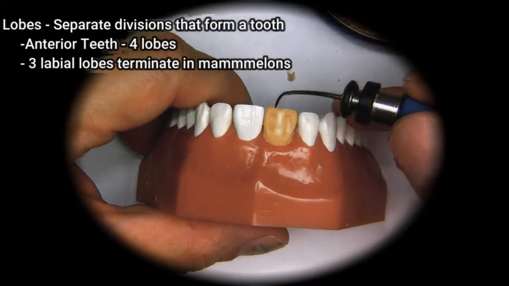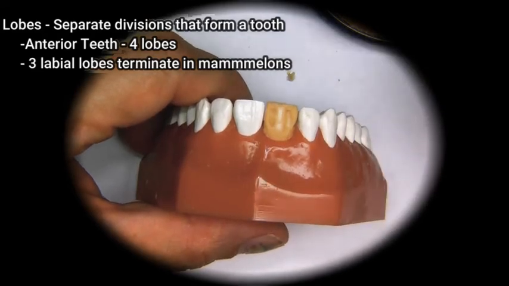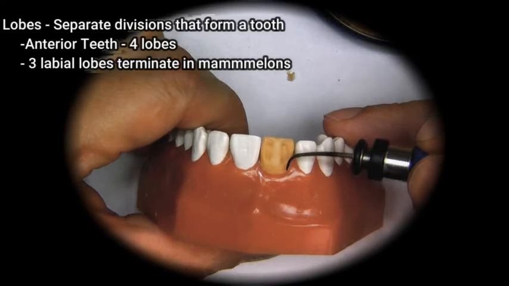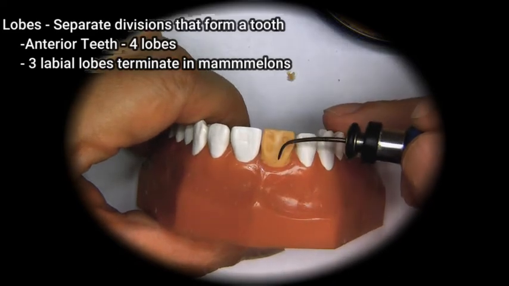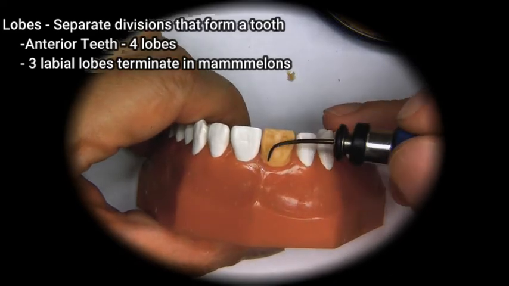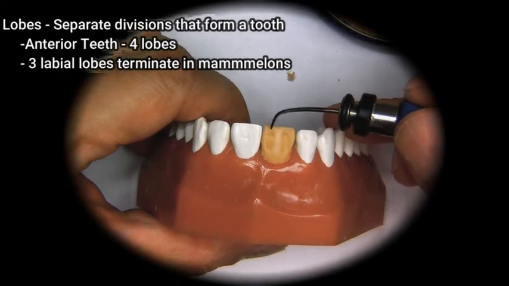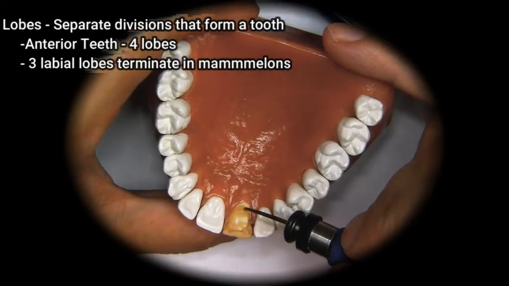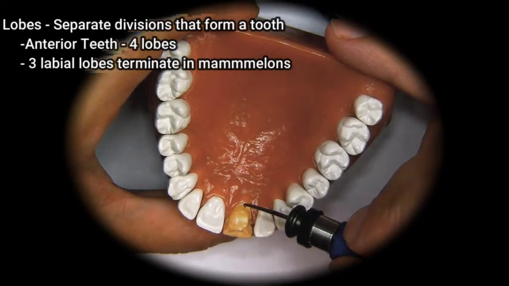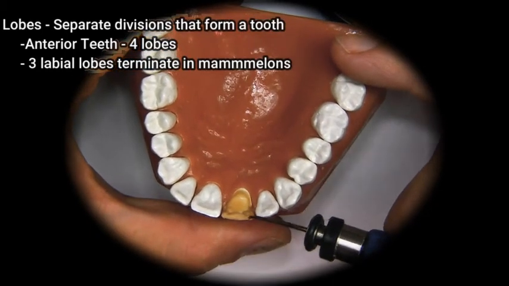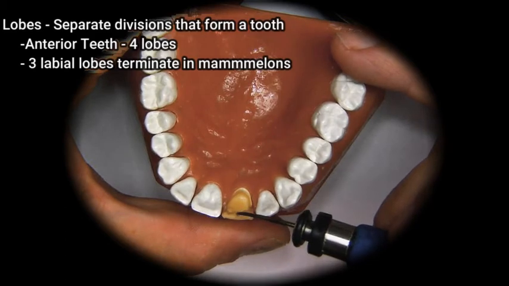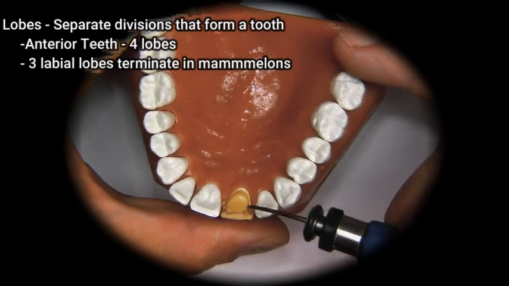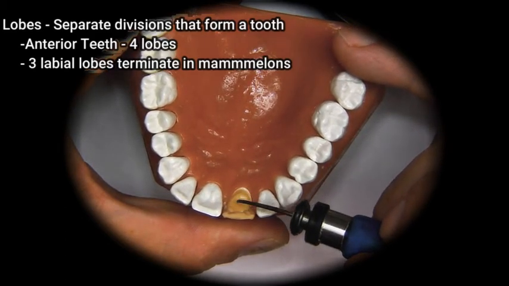The central incisor is made up of 4 lobes. 3 lobes in the front, the distal, the central, and the mesial. And the 4th lobe is in the back here. It's the cingulum. So from the top we have 1, 2, 3, and 4.